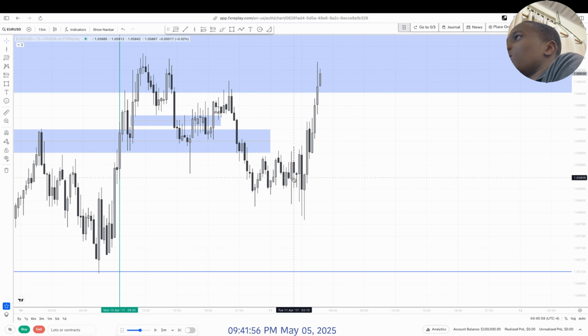So we have consolidation. Actually, you can't call it power of 3 because it's not session based, but as you can see here, we've got this sweep, then a shift right here.